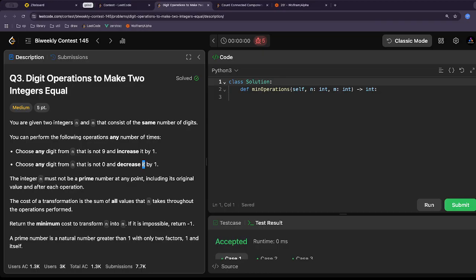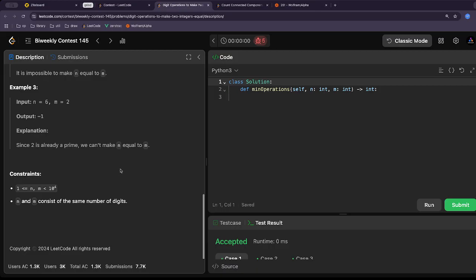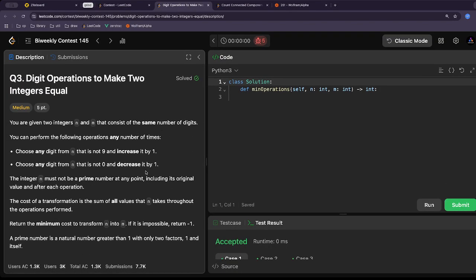That changes the answer. It turns out that you can get better, so lower costs by doing that. So it does make sense. They should have clarified that that's not possible.